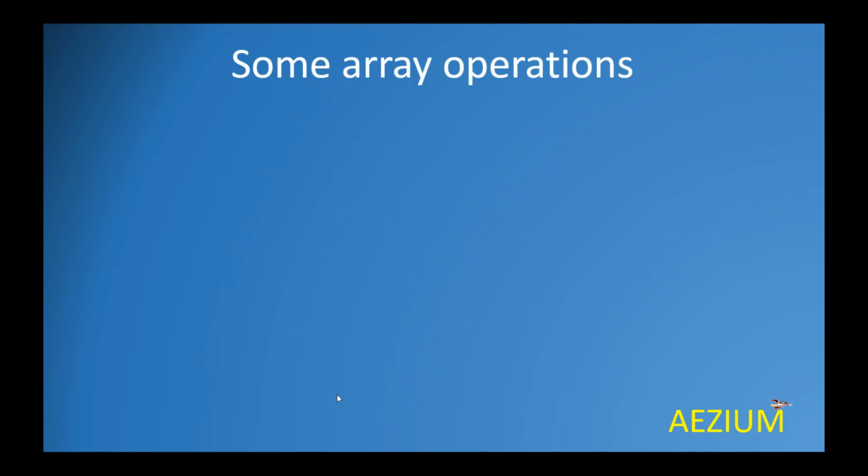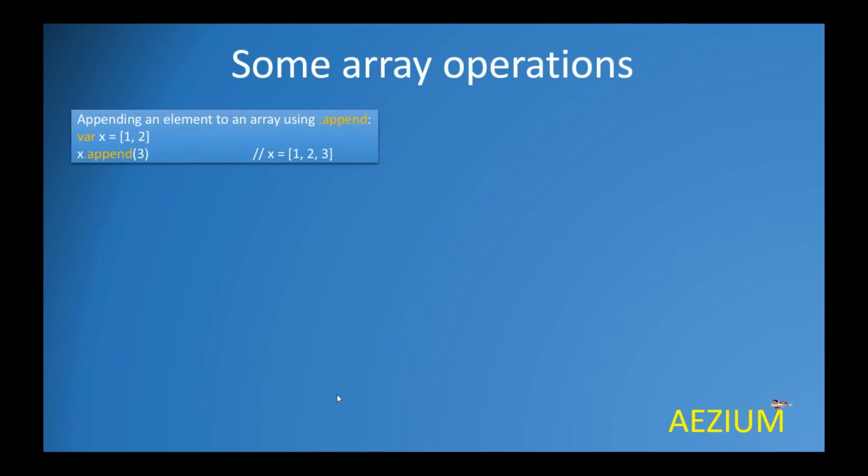Let's have a look at some typical array operations. If we wish to append a value to an array, we can use this .append arrangement. So what we do is, after declaring our variable, which is an array of some type, we use the name of the variable followed by .append, which is a keyword.